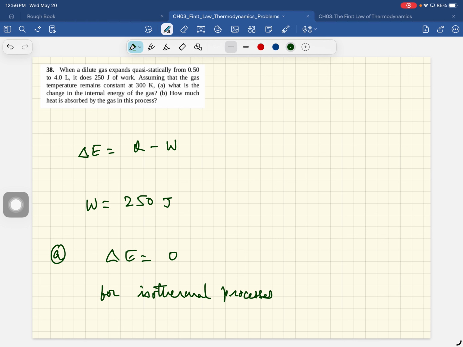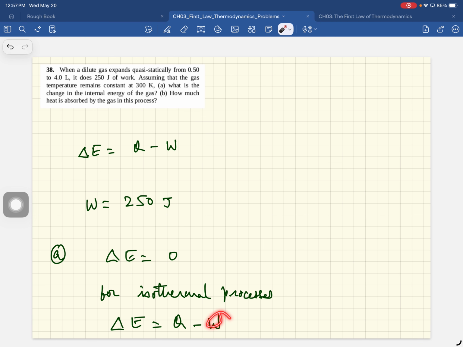Find the work done in each of the processes AB, BC, AD, and DC. So the work done here and here are 0. We'll calculate the work done here and here. Find the internal energy change in processes AB. Find the internal energy difference between C and A.